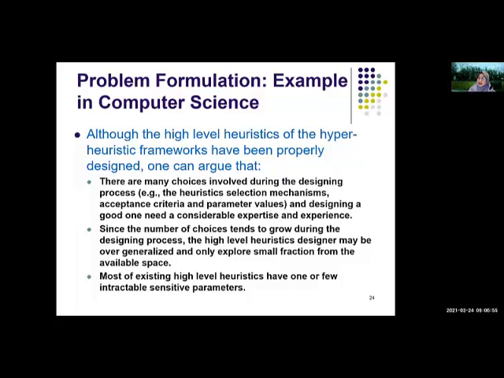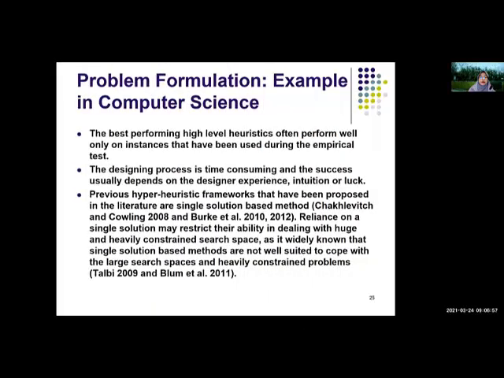So these are all the issues. The best performing high-level heuristic often performs well only on instances that have been used during empirical tests. The designing process is time-consuming and the success usually depends on the designer's experience, intuition or luck.